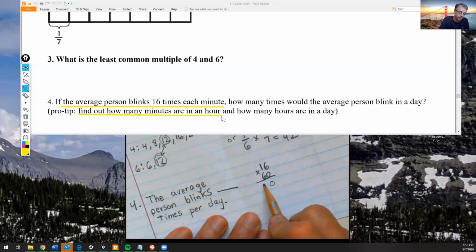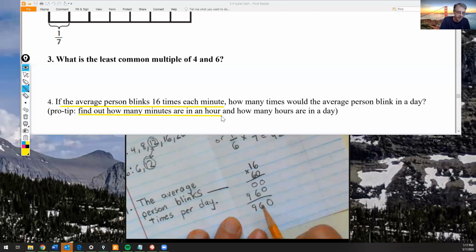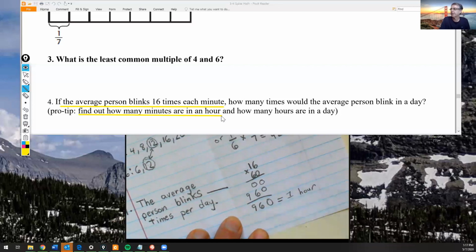So I'll go through and multiply out. That's a lot of blinking. So a person blinks 960 blinks in 1 hour. But we're not quite done yet. That's just how many blinks somebody does in an hour. The question is, how many times would they blink in a day?